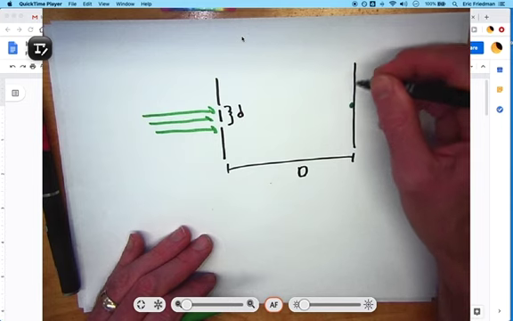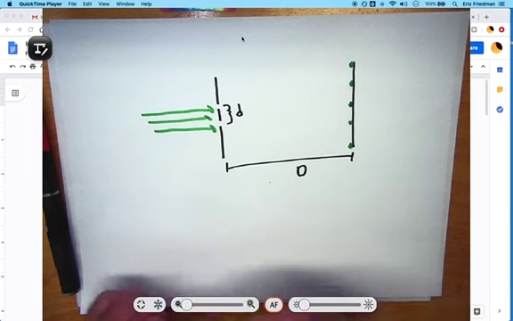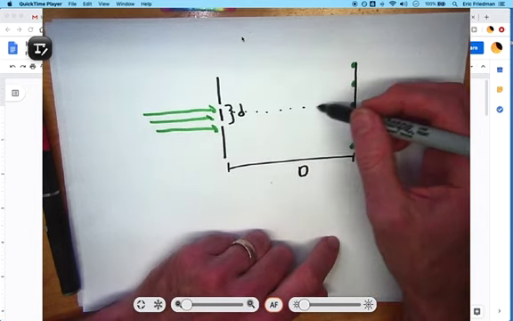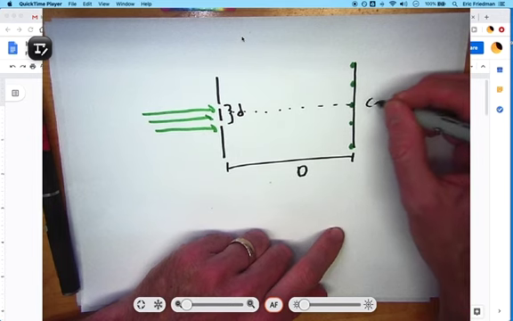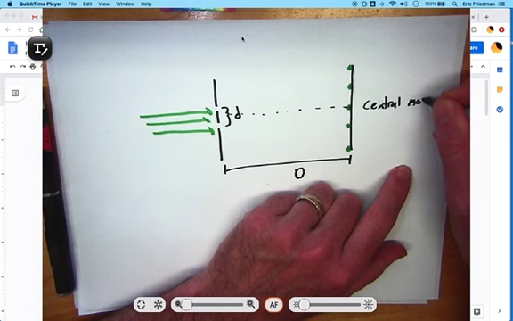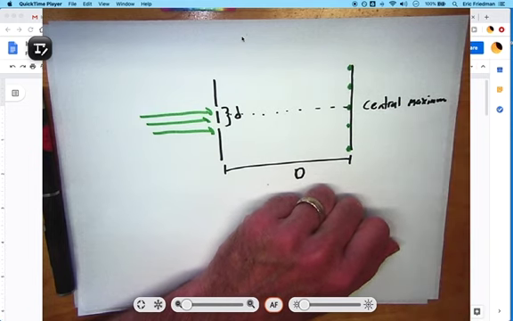There's always going to be one dot right in the very center. This one is called the central maximum, and it's going to be a bright spot.